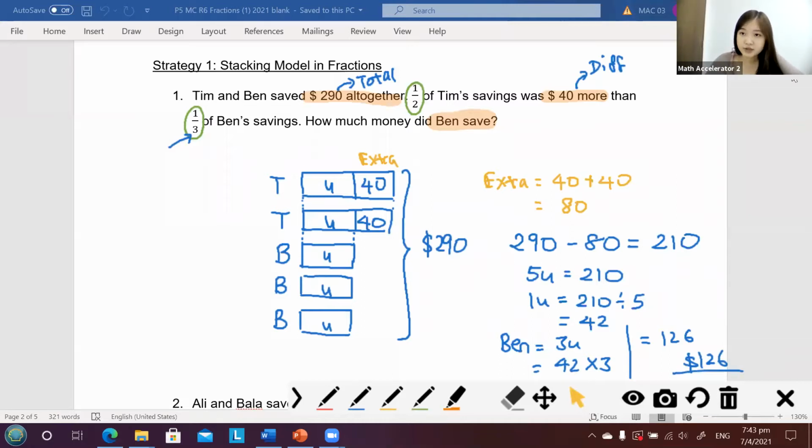Any questions? If you're still confused, don't worry. We'll try the next question again. You'll get a lot clearer as you do more of the questions.